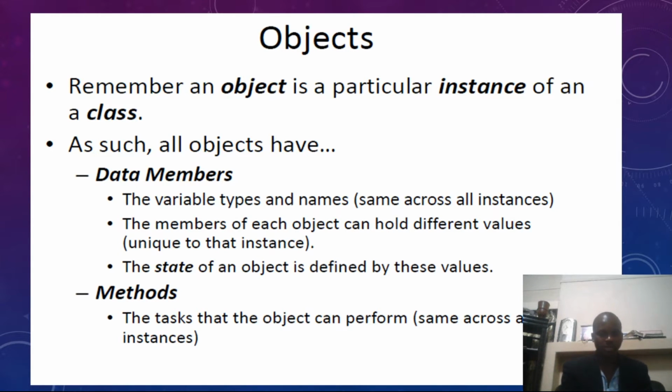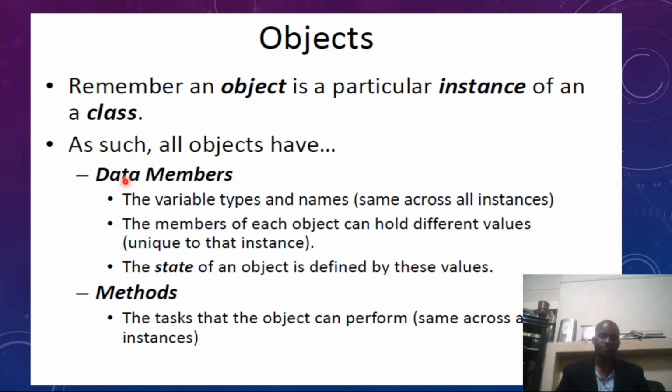So here you see, guys, an object can have data members. What are data members? Data members, guys, are just variables of a class, and we can call them instance variables, okay? So what does it mean to say we have data members here in Java?